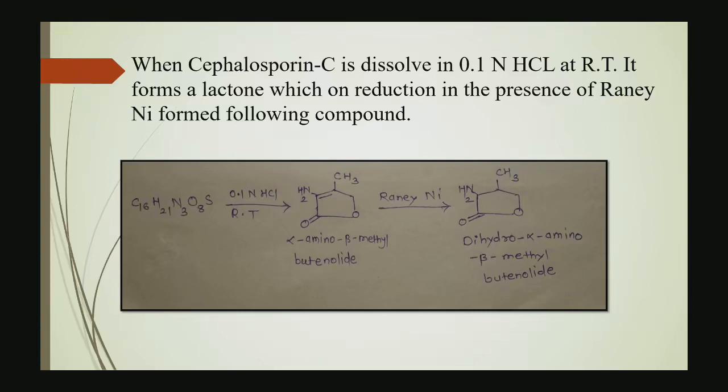So in the following reaction, cephalosporin C dissolved in 0.1 normal HCl at room temperature forms a lactone, that is alpha amino beta methyl butenolide, which on reduction in the presence of Raney nickel gives dihydro alpha amino beta methyl butanolide.